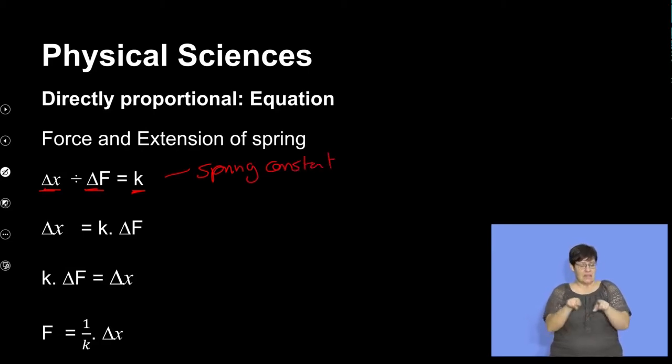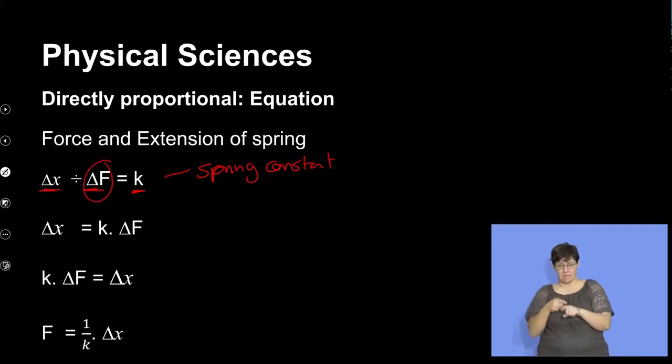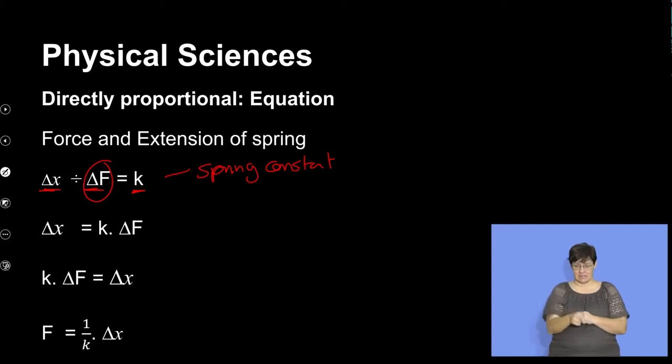Now, I'm going to multiply both sides of the equation by that factor, the independent variable, the force, and I'm going to get delta x is equal to k times delta f. Now, that might not be very convenient for me to work with, so I'm going to switch them around.